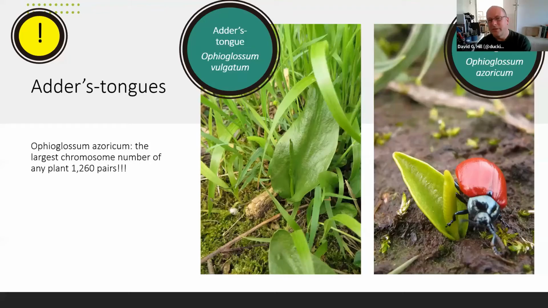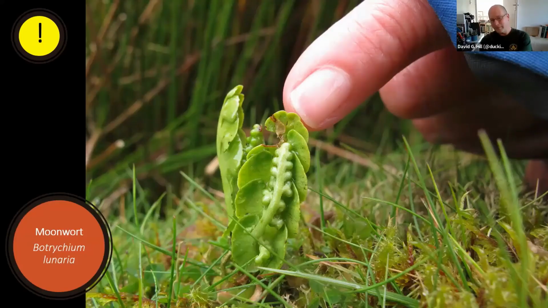Moonworts, just as a sideline, the shape of them, if you use your imagination, you can see a key, and often it was used in sort of spells or potions because of its ability to open locks, apparently.